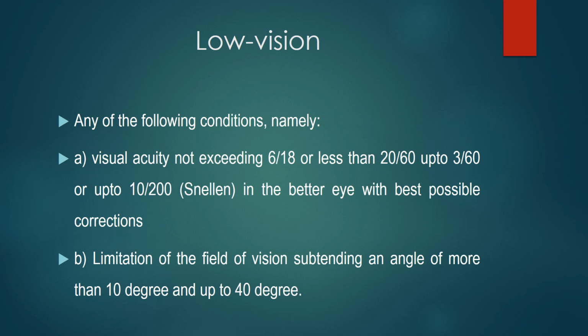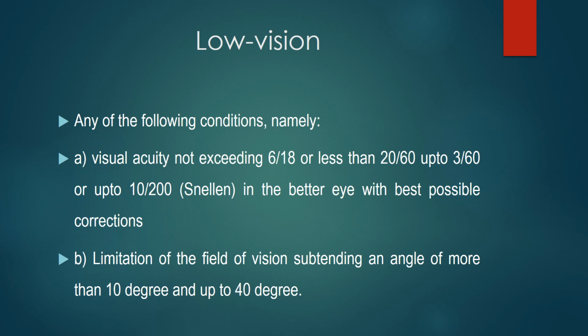There are two things very important. Low vision means the person has eyesight, and for blindness we discussed 3 by 60 meter, not exceeding visual acuity 3 by 60 meter.